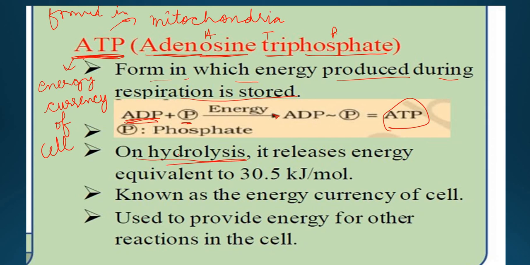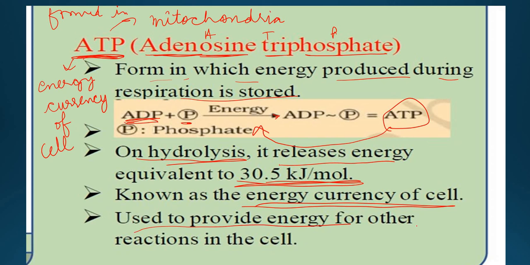On hydrolysis, it means the back reaction, it will release energy equivalent to about 30.5 kilojoule per mole. It is also called the energy currency of the cell, used to provide energy for other reactions in the cell.